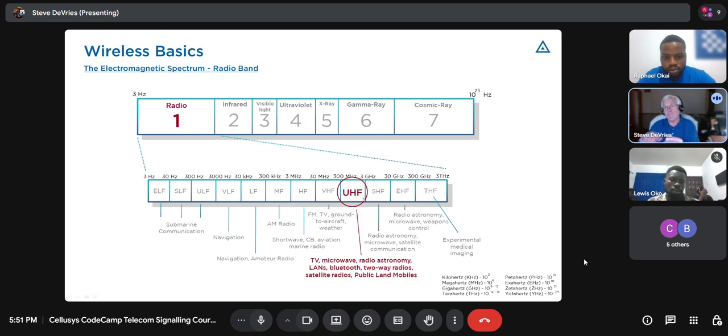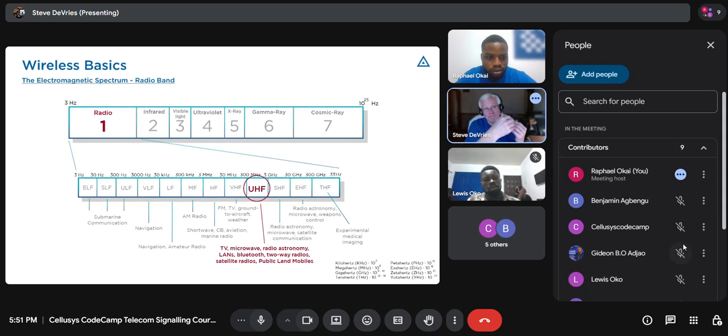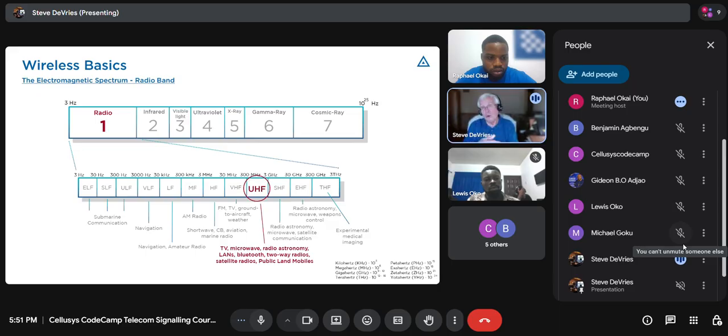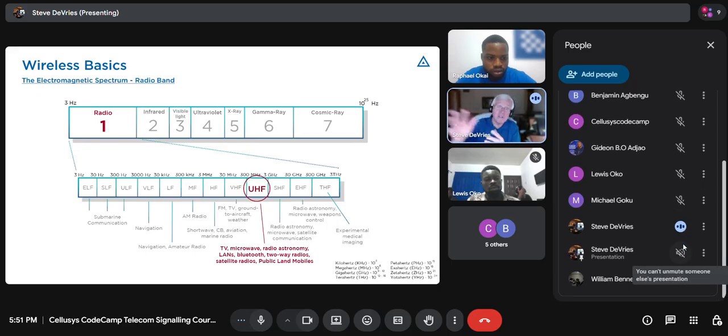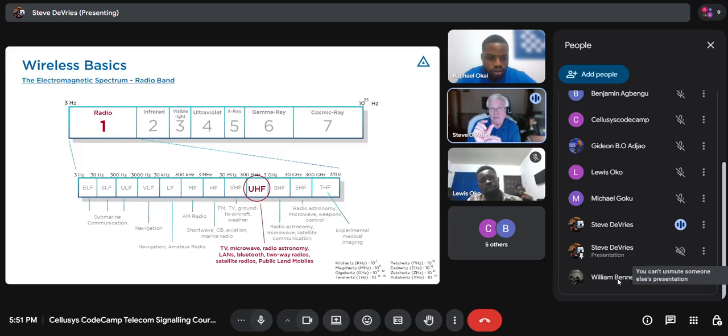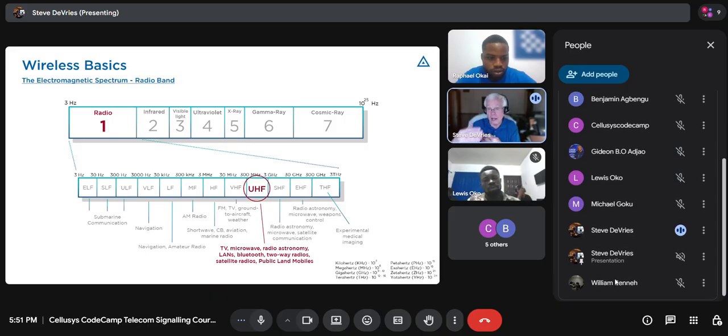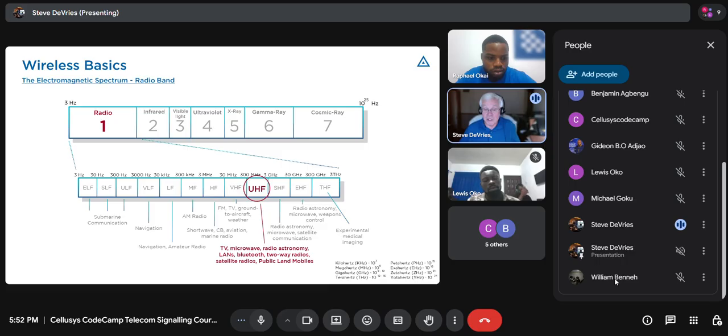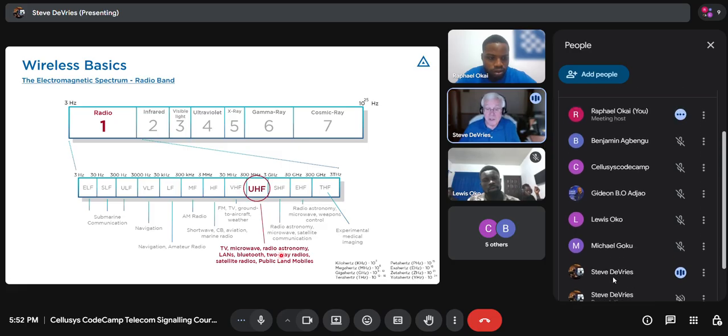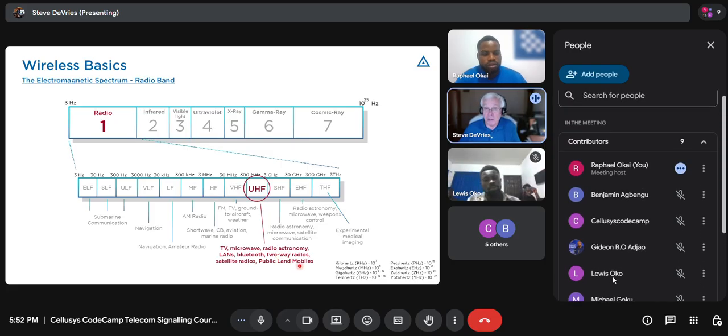That's really a very, very desirable band. Radio waves behave very well there. You can go through walls, you can go through windows. You don't need line of sight for cell towers. It's a very desirable band, but it's used for a lot of things. It's used for TV and microwave and radio astronomy and radios and public land mobile.